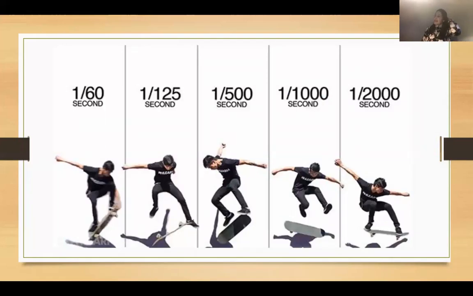So once again, we're just going to look at these pictures and absorb all the information, and then hopefully you can have a moment to go out and take some pictures. So at 1/60th of a second, the skateboarder here is in this blurry looking image, and then he just becomes even more focused the higher that shutter speed is.